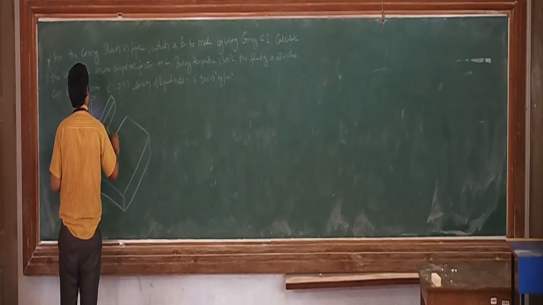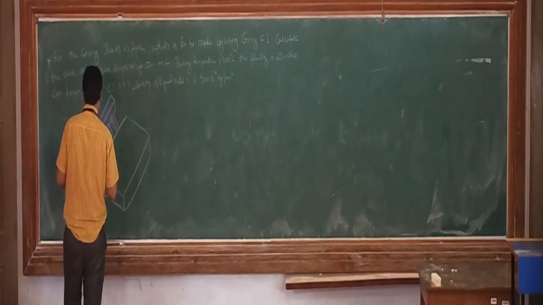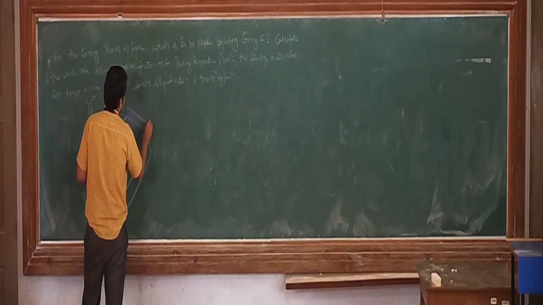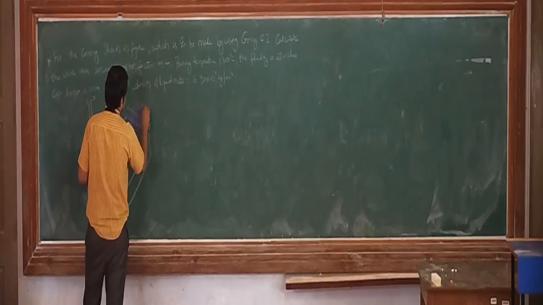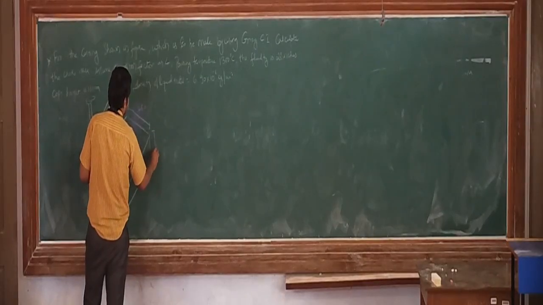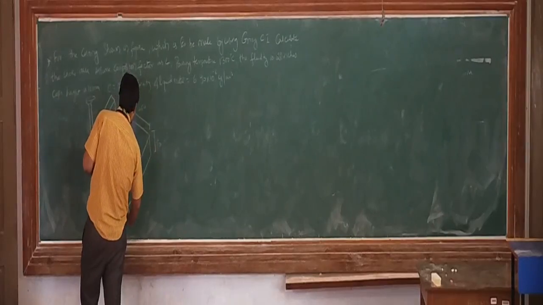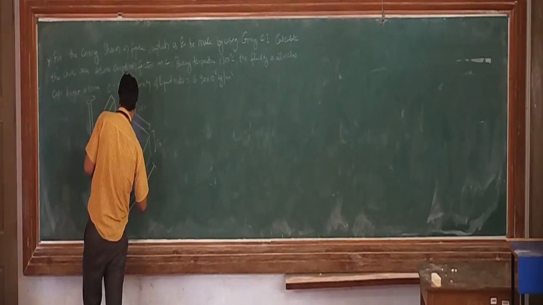We have third. And fourth. So this is the dimension of the casting, 250 by 50 by 500.